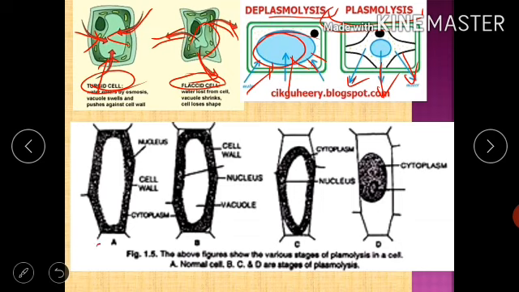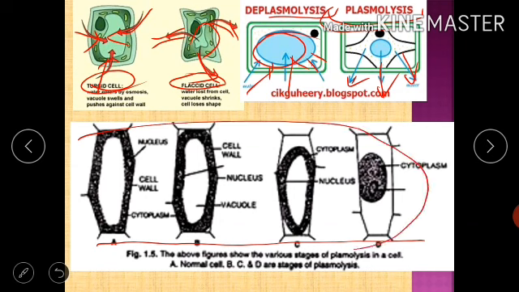And here you can see the picture, different stages of plasmolysis. Okay, first one is a simple normal cell. From second, B, C, D, these are the different stages. Ultimately you can see the cytoplasm shrinks and it loses its shape.